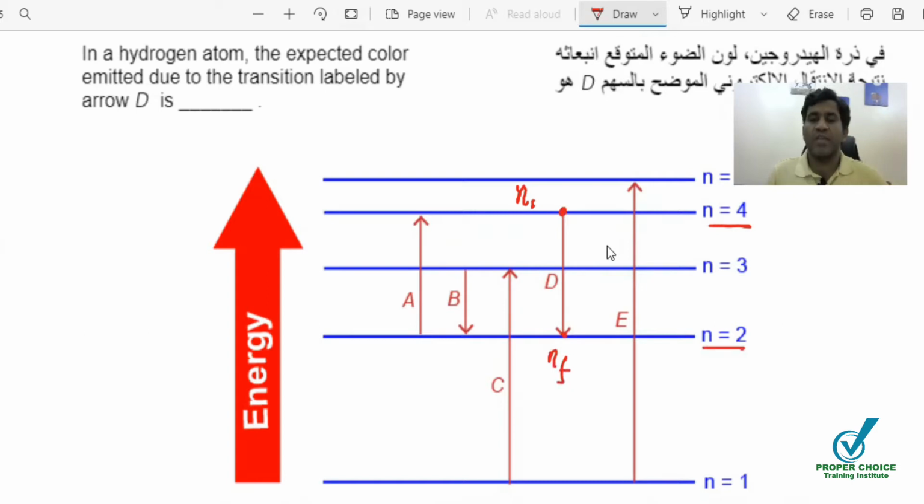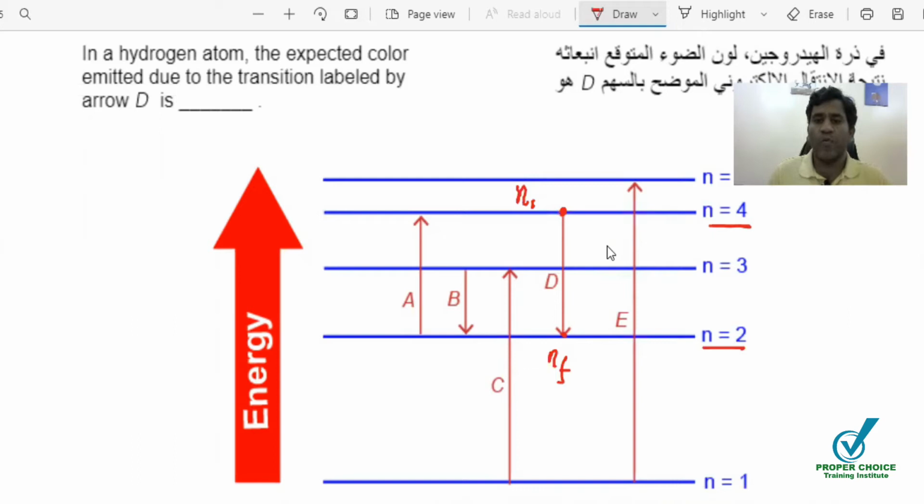So by using the Rydberg's equation, which can also be called the Bohr-Rydberg equation, we can calculate the wavelength of the light, and the wavelength decides the color of the light. By referring to the wavelength and the spectrum, we can identify which wavelength has which particular color of light, especially for hydrogen atoms.